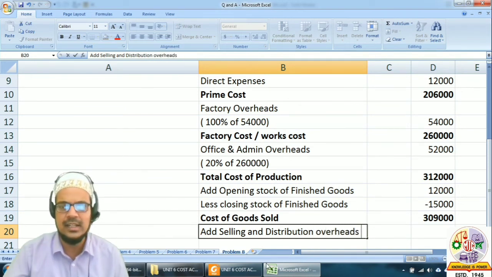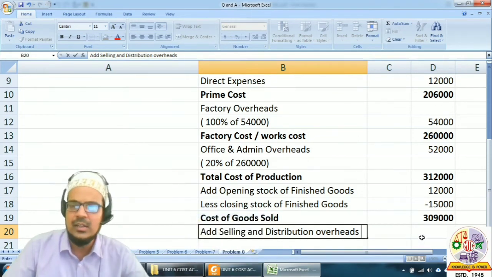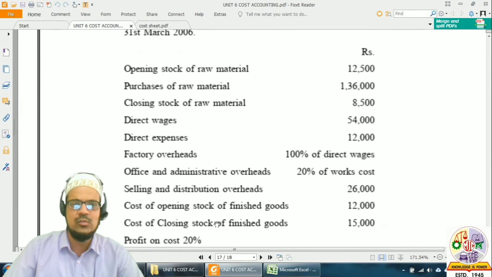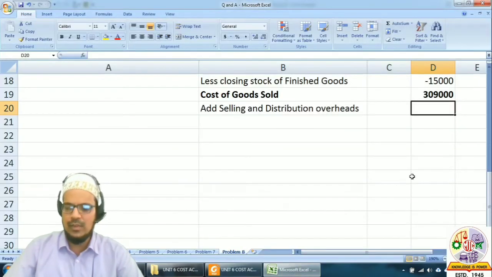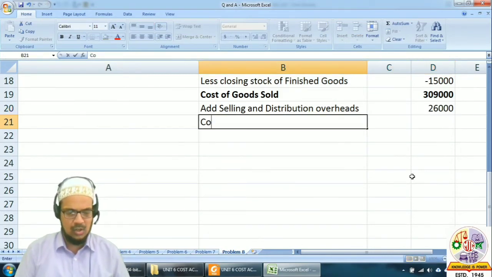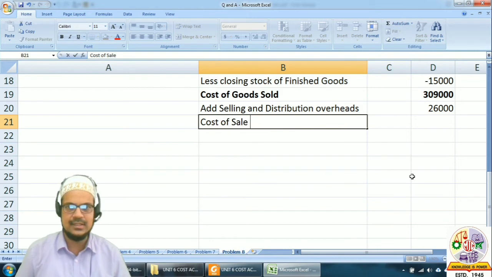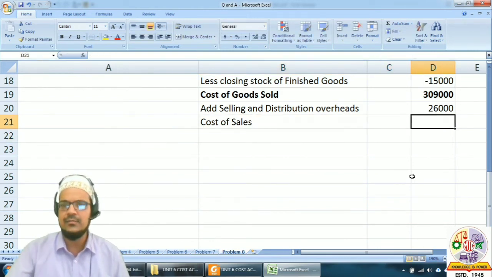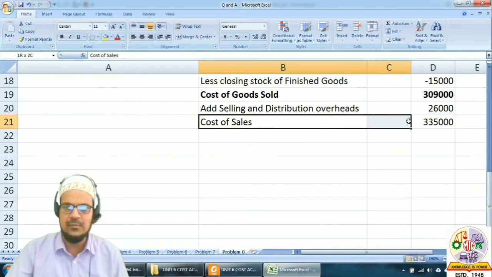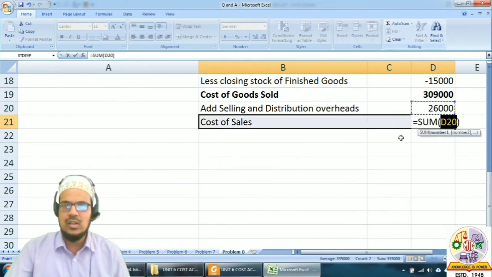Whatever the selling and distribution overheads we might be having, we will add those to this amount. How much selling and distribution overheads we are having? 26,000. So we will add 26,000 to this amount to get cost of sales. Okay, final value cost of sales. This is the total cost, 3,35,000.